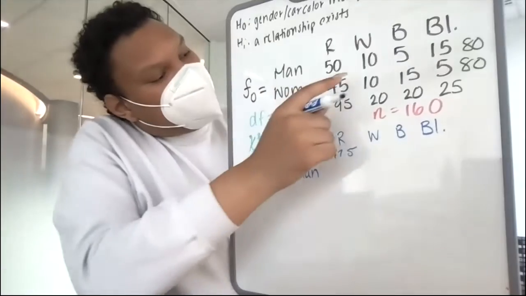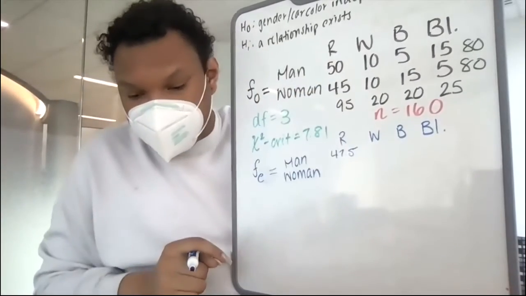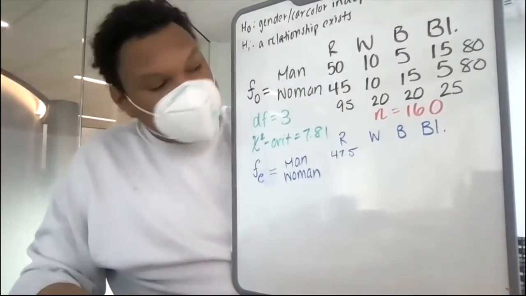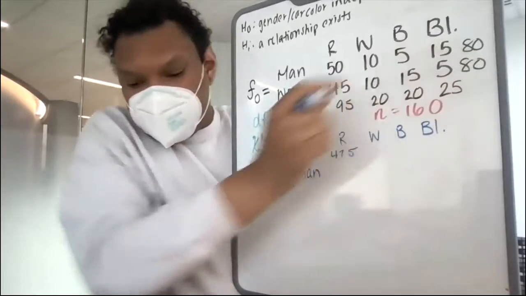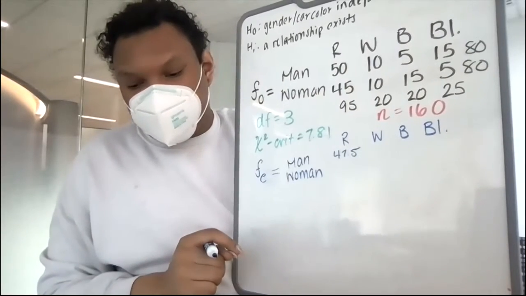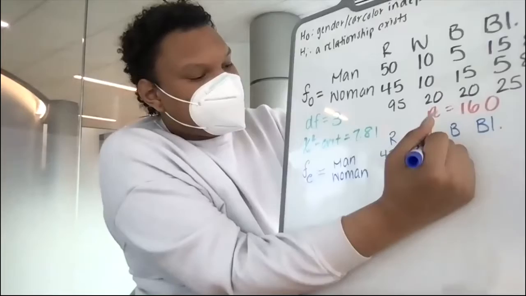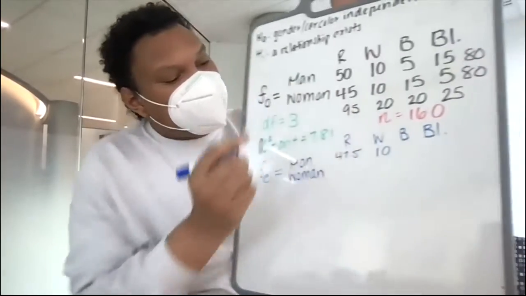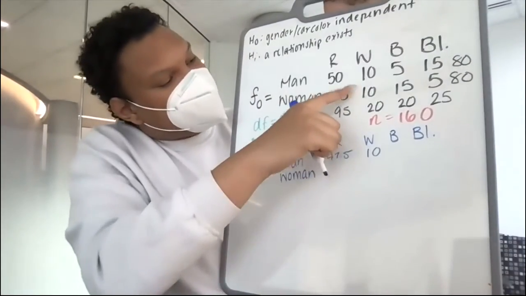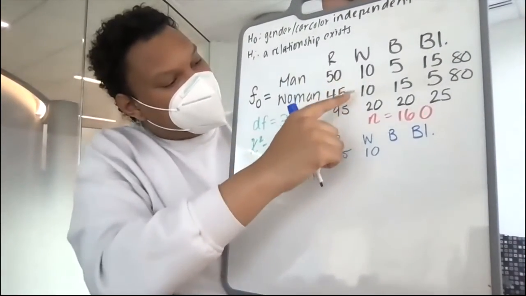For our white car, we do 20 times 80 divided by 160. 1,600 divided by 160 gives us 10. That one's pretty straightforward as we have simple values, and it also crosses over.